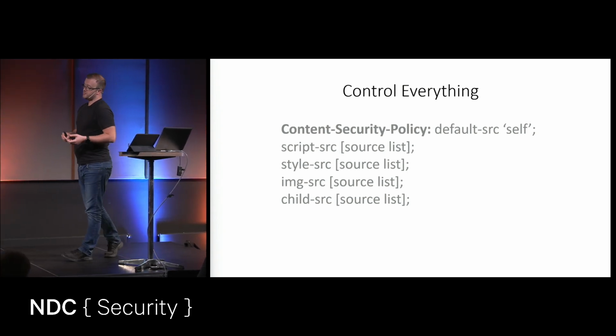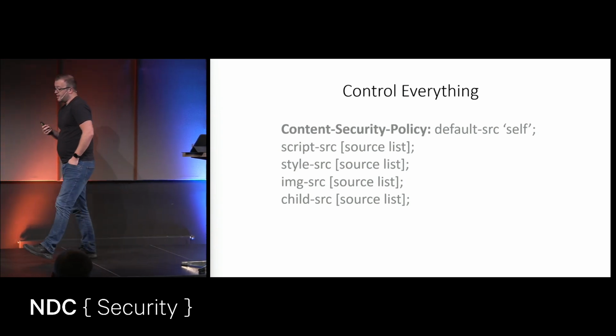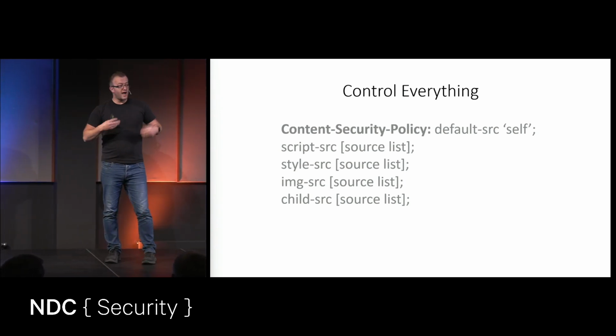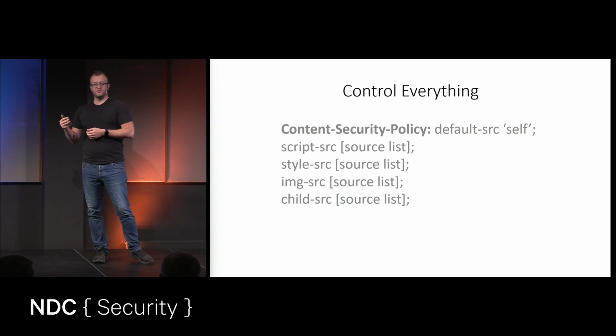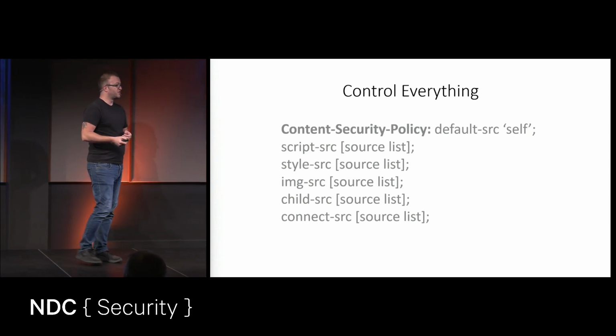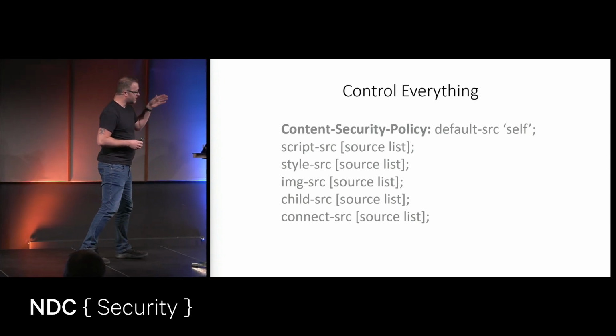But content security policy, again, people think, oh, well, we can control where stuff loads from. But it's not just where stuff loads from. You can also control where stuff can go. So there are other directives like connect source.